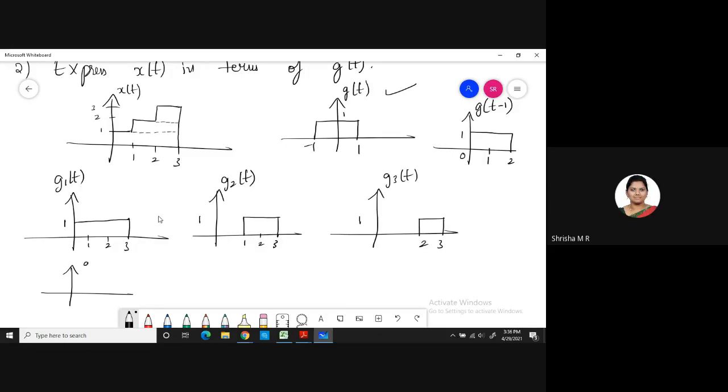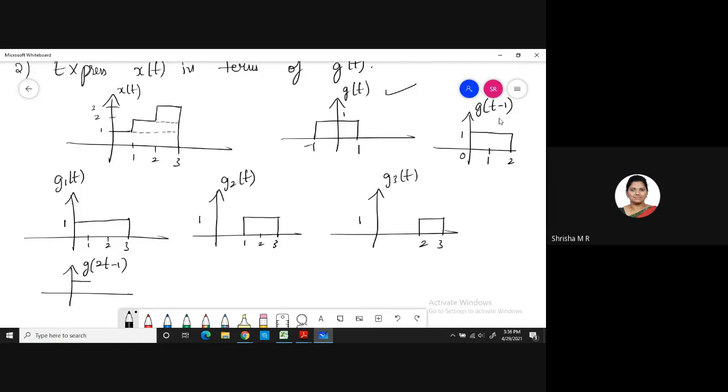So what do you do? To compress this signal from 0 to 1, what do you do? 2t by 3 -1, correct? So first we will try to get it from 0 to 1. For that we have to do g of 2t -1. If I scale it by 2, it will exist from 0 to 1. Got it?